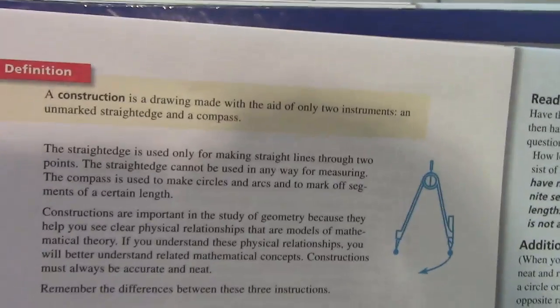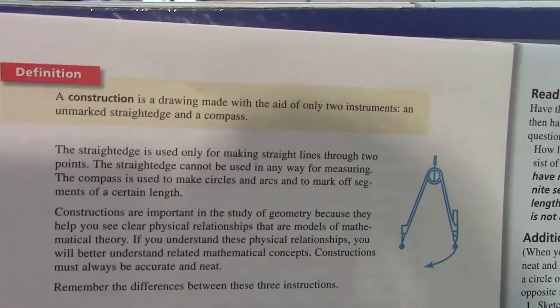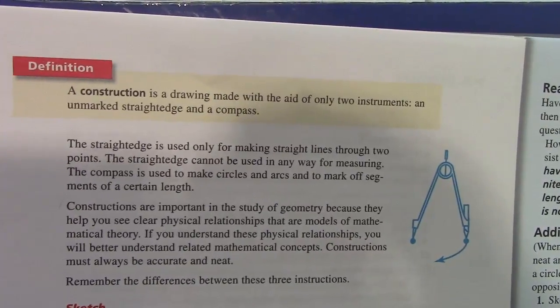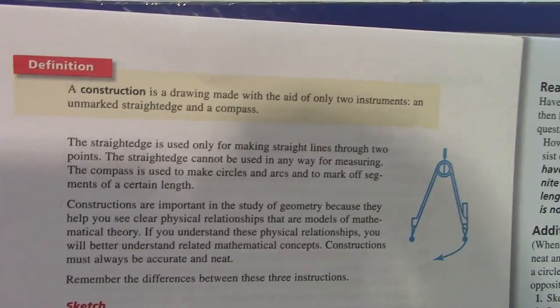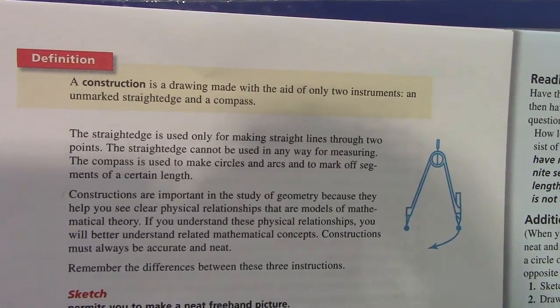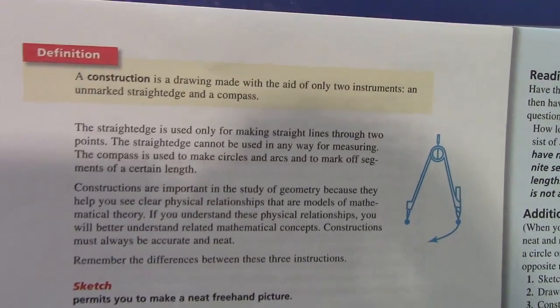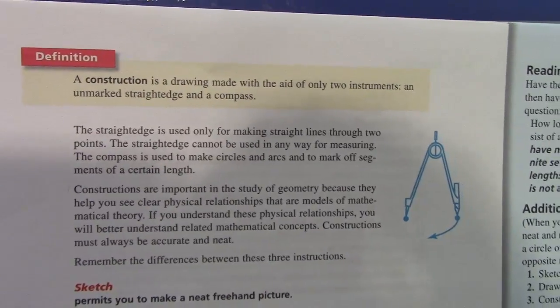Yes, so I'm asking though, what do you think a construction is? Do you think it's going to be more accurate or less accurate than a drawing? Okay, what would make it more accurate than using whatever instruments that you needed to? A robot. Interesting. Yes, you could use a robot. You only have 2 options, so it's not as varied.